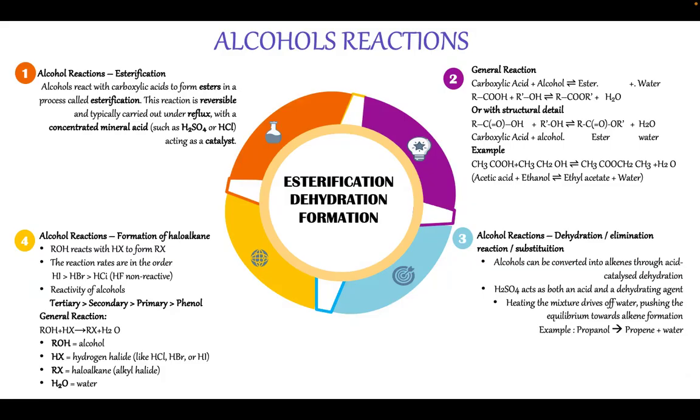Because the tertiary carbocation formed during the reaction is more stable than secondary or primary. And phenol is the least reactive because the OH bond is stronger and the oxygen is stabilized by resonance, making it less likely to react. And this is the process of formation of haloalkane.